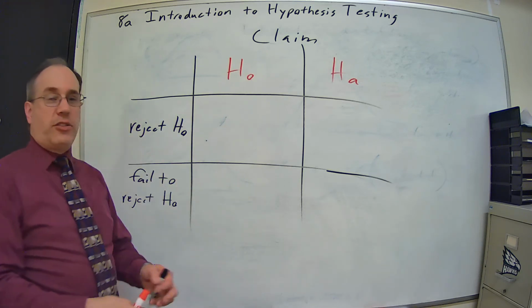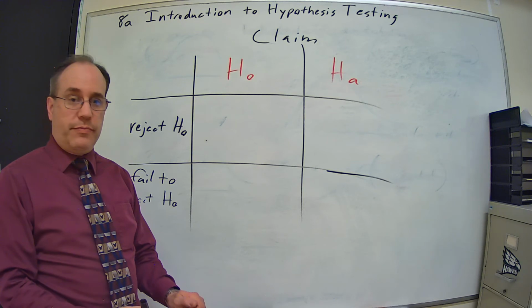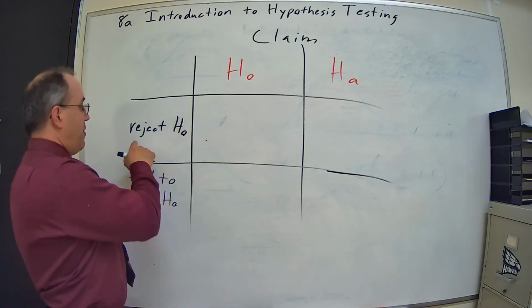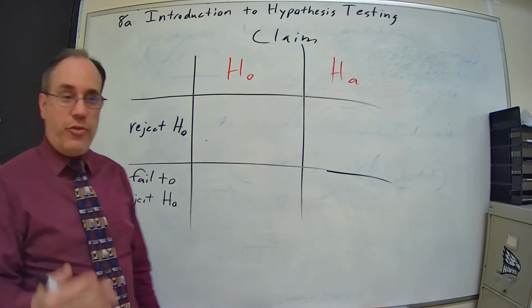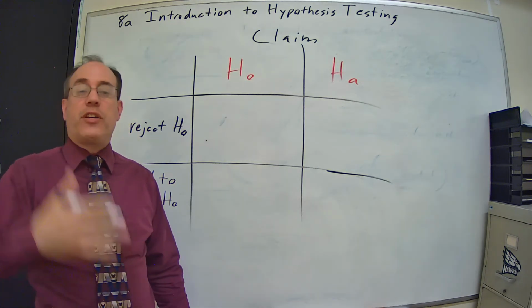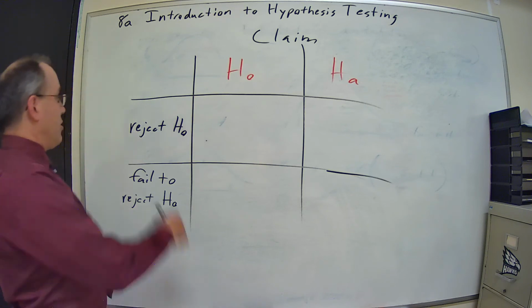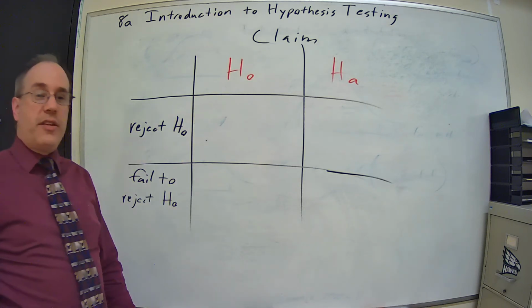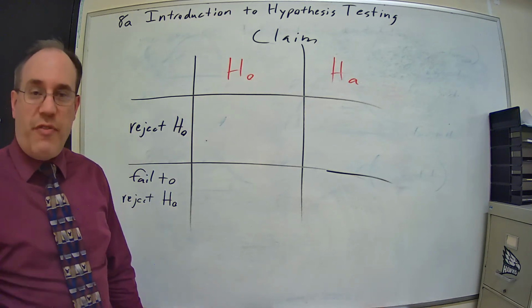If we reject a null hypothesis, that means we were able to reject it. Remember, either I can prove she's wrong or I'm unable to prove her wrong, but I never accept that she's right. So if I can reject the null hypothesis, that means there is sufficient evidence.